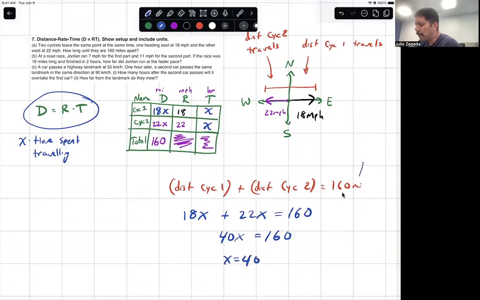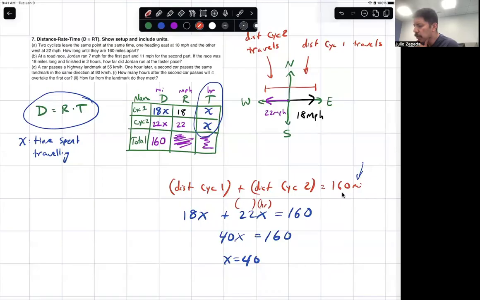Now, this is in miles, so this is miles here. Sorry. Yeah, let's be careful here with the units. X is actually defined to be an amount of time here. So this is going to be in hours. And if you want to get a little bit more into the weeds of these units, X is defined to be in hours.